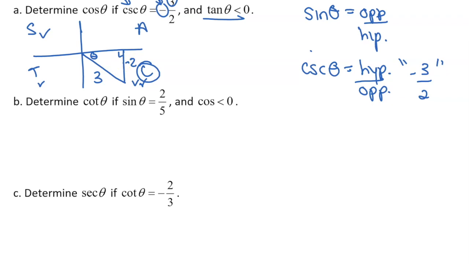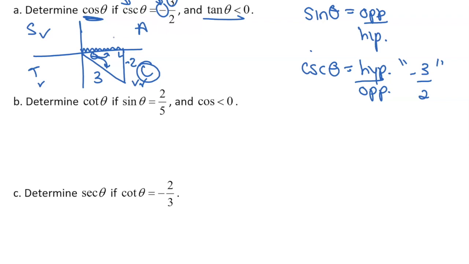And based off of that, they're saying find out what cosine would be. So cosine in quadrant 4 is adjacent over hypotenuse. And that's tricky because right now we haven't been given the adjacent. So in order to find that, if you have two of the sides of a right angle triangle, you can find out the third side by doing Pythagoras.